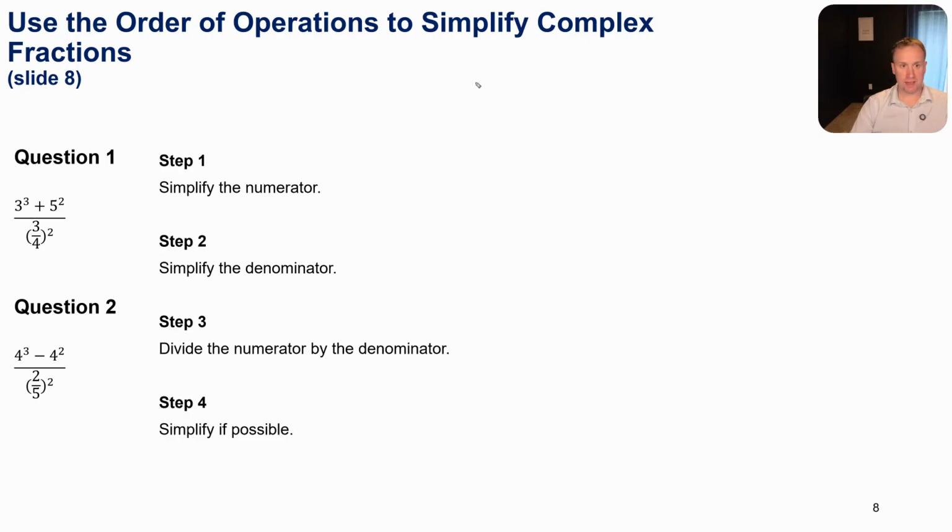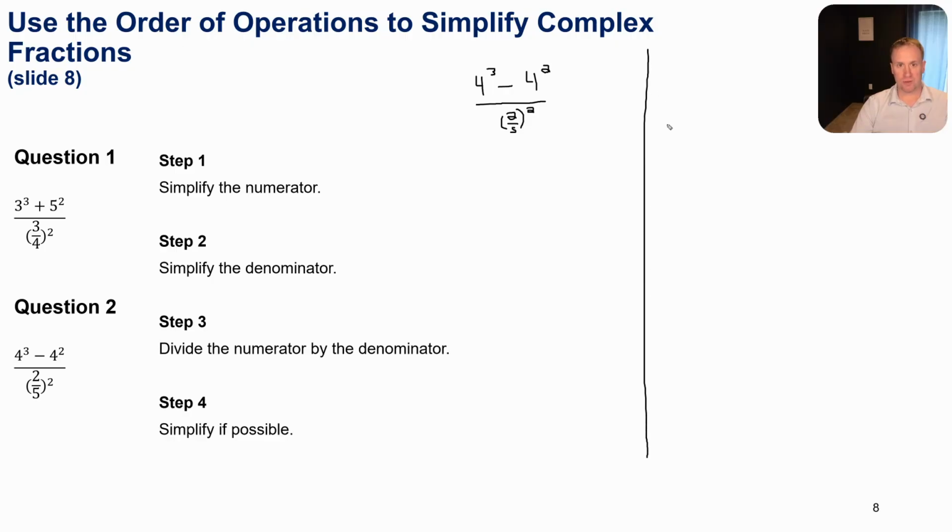Question number 2 then is 4 to the third power minus 4 to the second power, and then I have 2/5 squared in the denominator here. Okay, so basically, actually I don't want to do that. Let's do some scratch work on the side here.